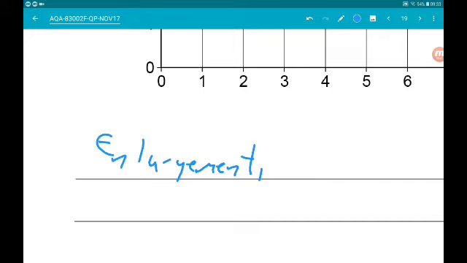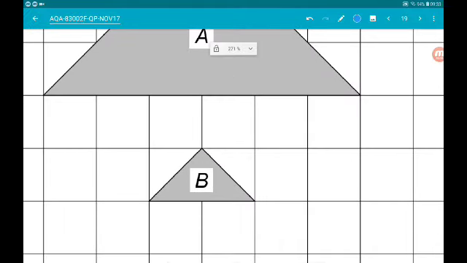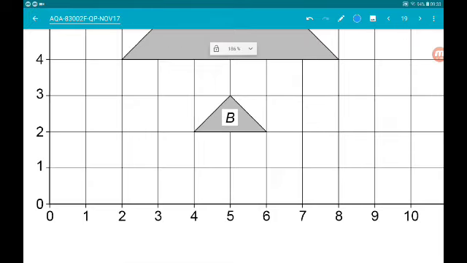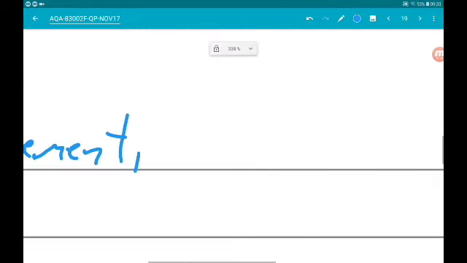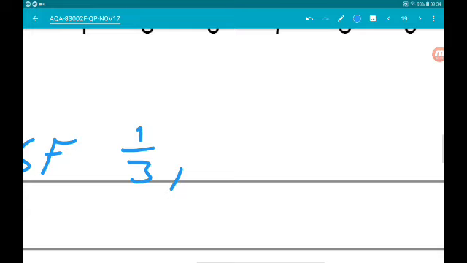Now, with an enlargement, we need to know 2 things: the scale factor and the centre of enlargement. Looking at triangle A, its base was 1, 2, 3, 4, 5, 6 long. Triangle B has a base of 2. 2 is 1/3 of 6. So the scale factor is 1/3. And then we need to find the centre.